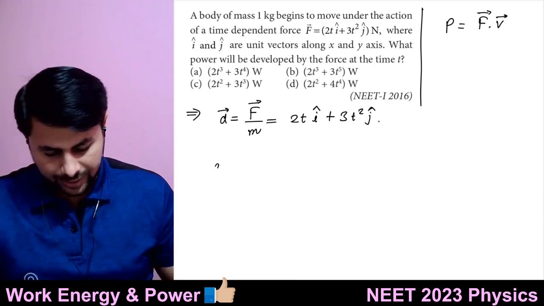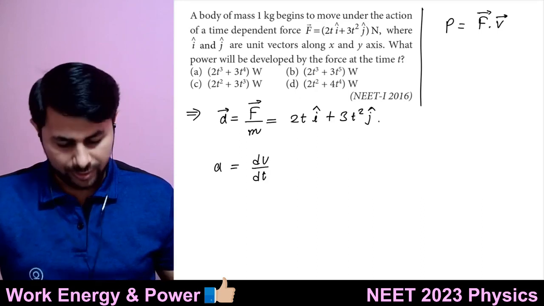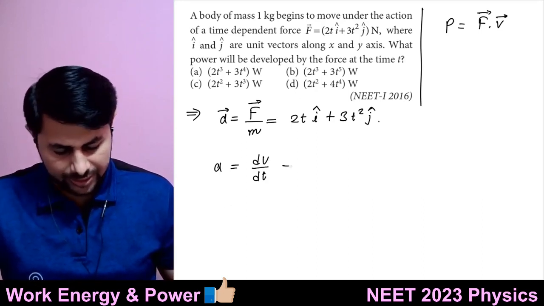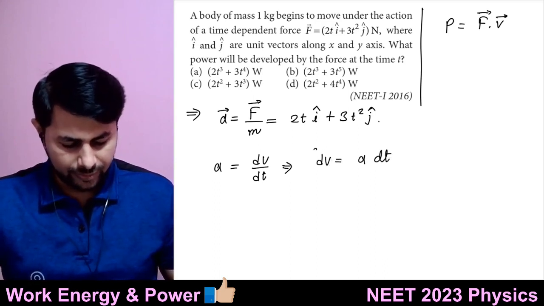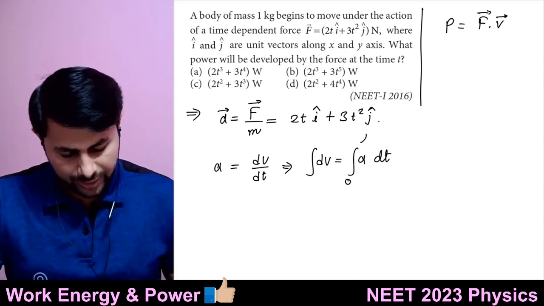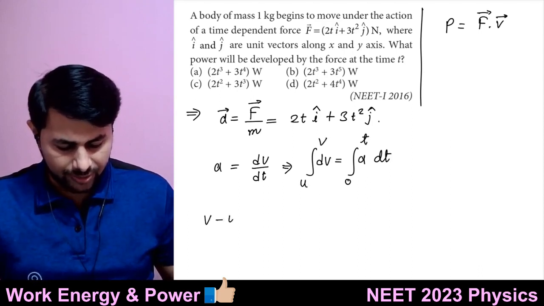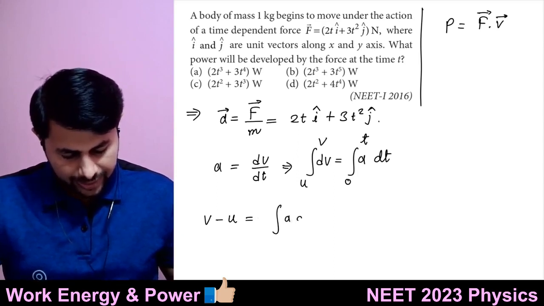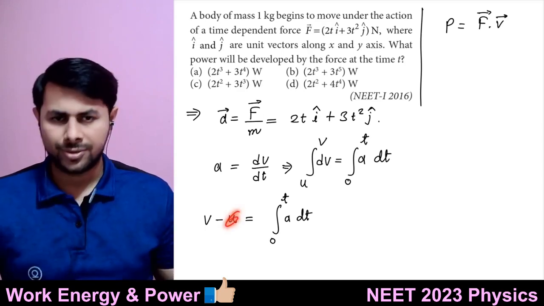You can write acceleration equals dv by dt. Then you can take that dt on the other side. So dv is equal to a dt, and if you integrate it from 0 to t, you get the change in velocity. So v minus u equals the integral of a dt from 0 to t.